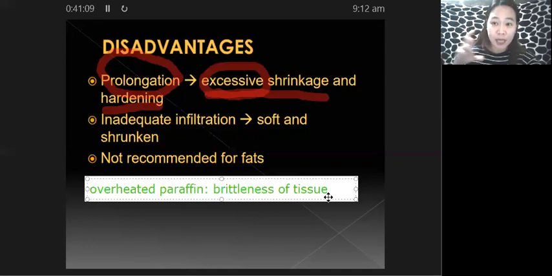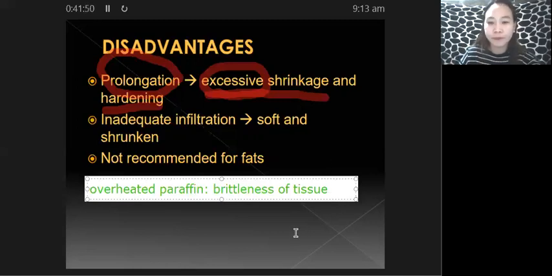However, you have to adjust the temperature of your melted paraffin wax so that it will follow the required temperature for your impregnation. So if you make use naman of your paraffin oven in melting your paraffin wax, you just set it at the required temperature, okay, and no need to adjust. So this is the reason why if you are using a hot plate, you have to adjust the temperature of your melted paraffin, so that with the use of overheated paraffin, the brittleness of your tissue sample will not be worsened.